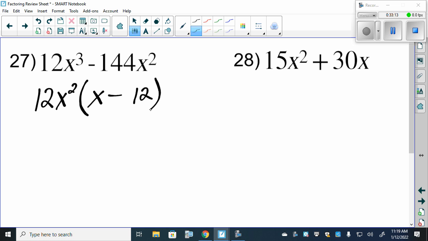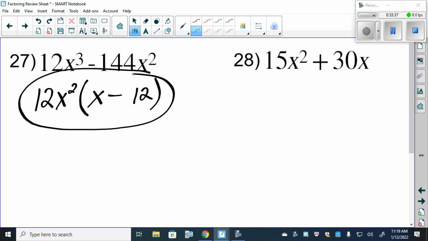Now the 12x squared outside does have a degree greater than 1, so we could look there, but how many terms do we have there? 1. It won't factor. That's as simplified as it gets. Inside the parentheses, the degree is 1. So that's it. All we had to do is factor out that greatest common factor, and we were done.